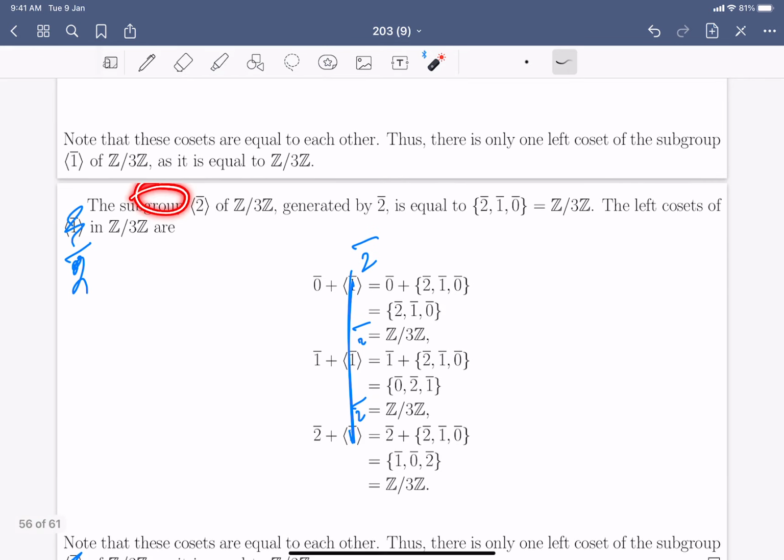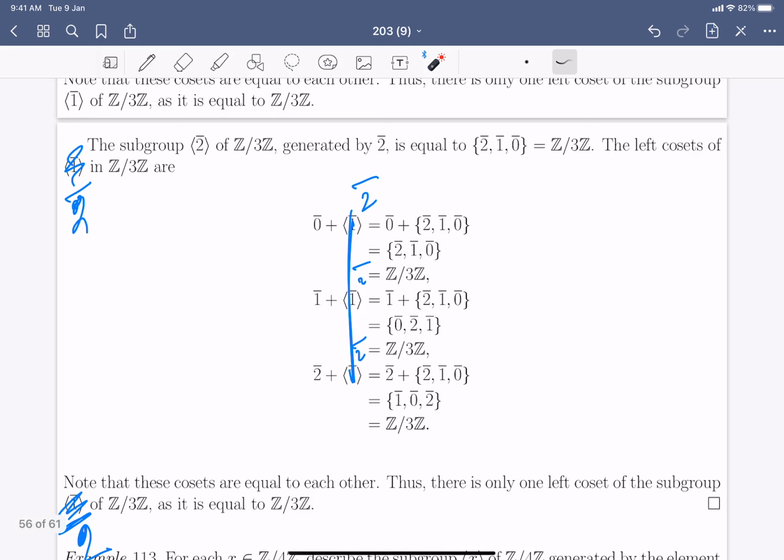So if the subgroup happens to be Z mod 3Z, then Z mod 3Z has only one left coset.